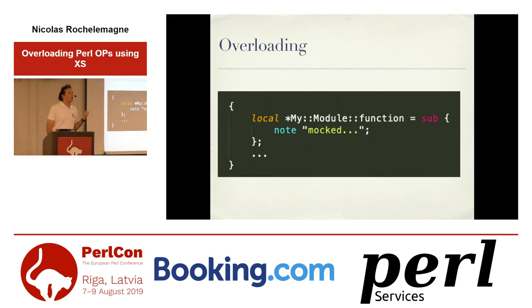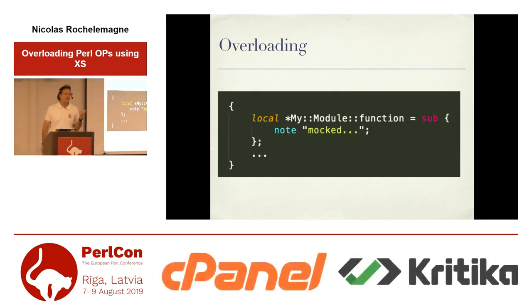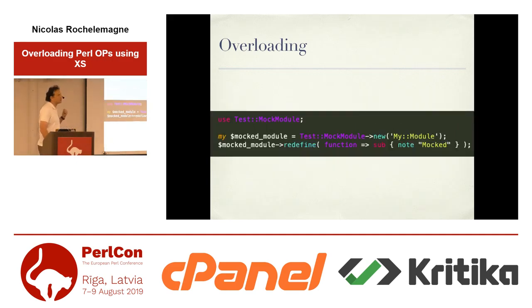We try to forbid that kind of habit and pattern because it has some flaws. What if your function was renamed as function2 or whatever, or moves somewhere else? It's a bad habit. So we try to enforce the use of the Test::MockModule, which is highly recommended. One of the awesome functions that came with Test::MockModule, which was recently added, is redefine.